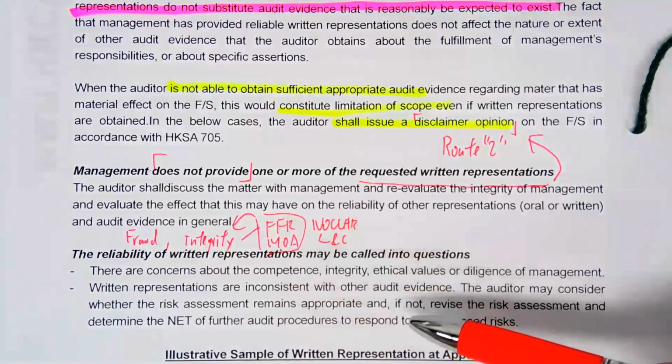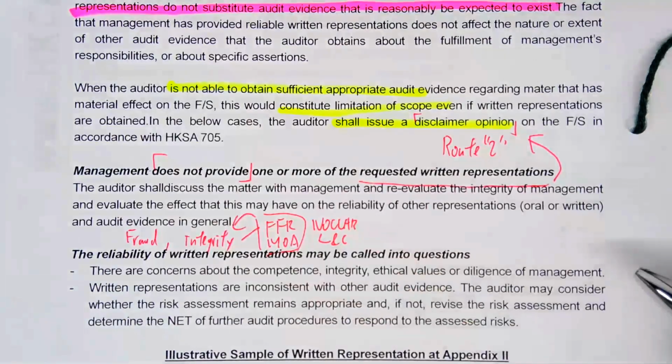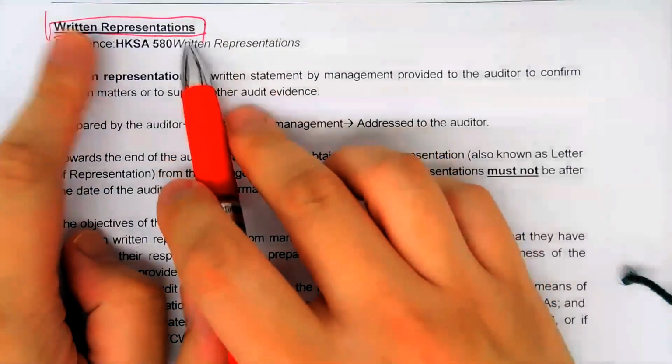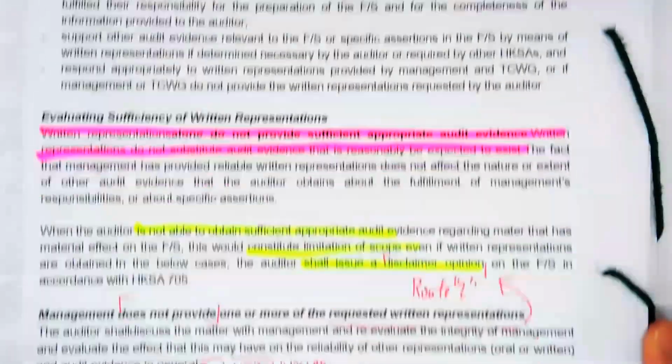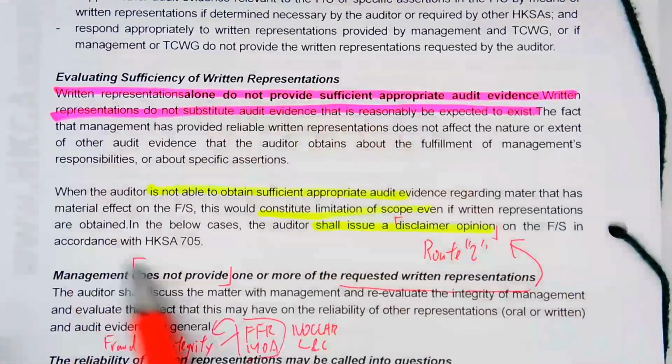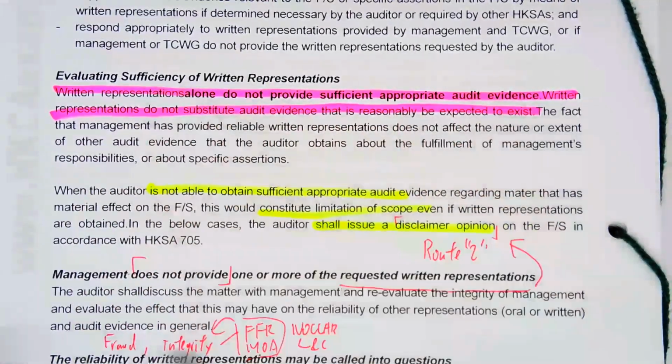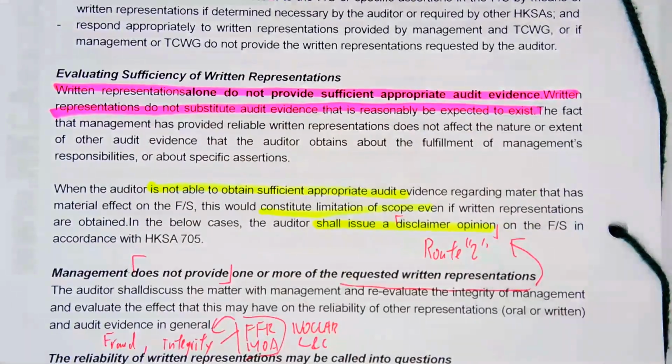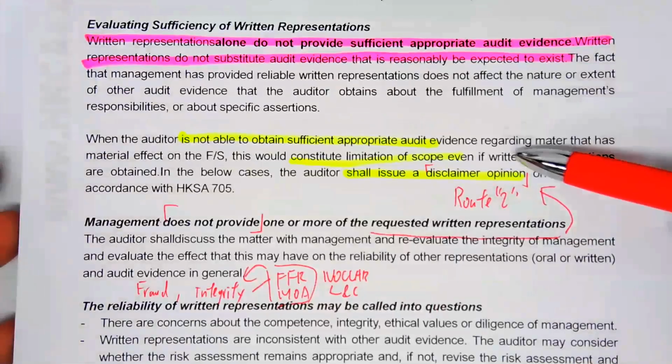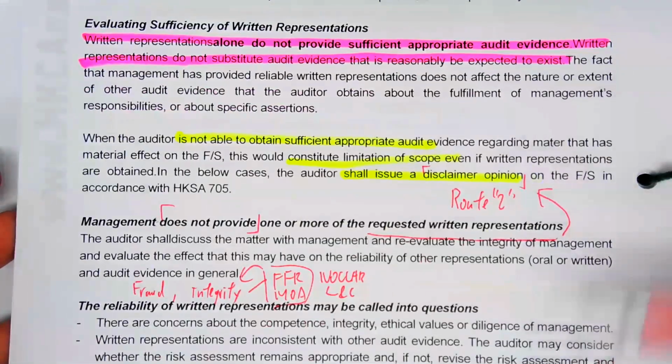In that case it may be a Group 1. Less likely, if a question wants to ask you on written representation, your answer will most likely be Group 2. But for completeness purposes, you will have to include all 3 situations here.